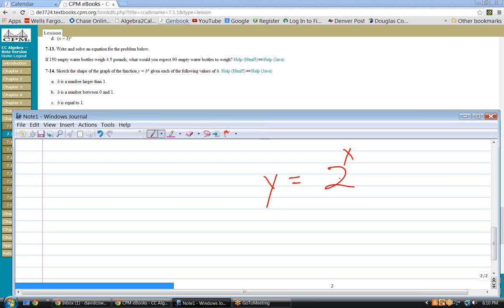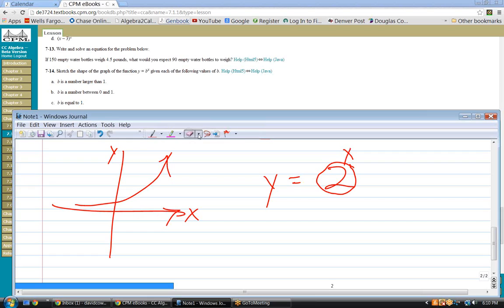If x is 4, this becomes 16. So as long as this number is greater than 1, this gets bigger, and the graph looks like this, with this being the x-axis and this being the y-axis. So as x gets larger, y gets larger.